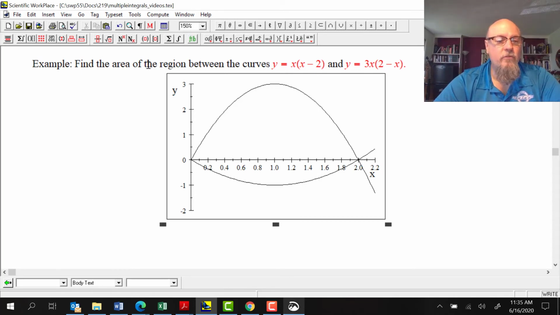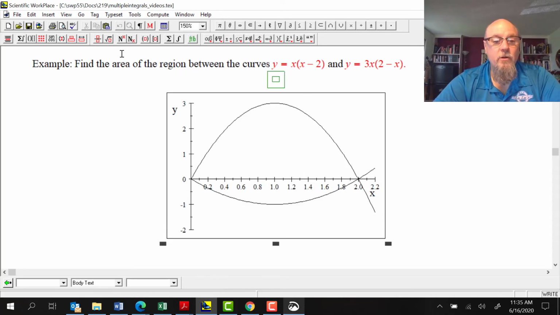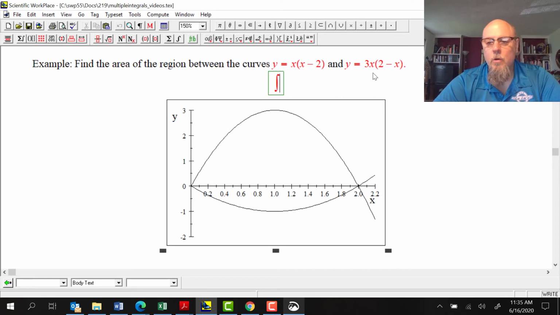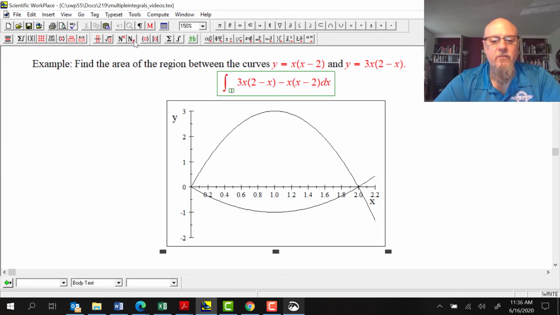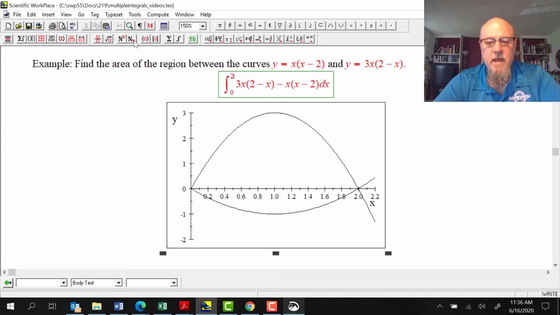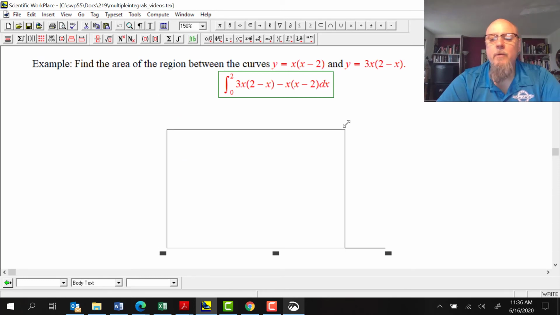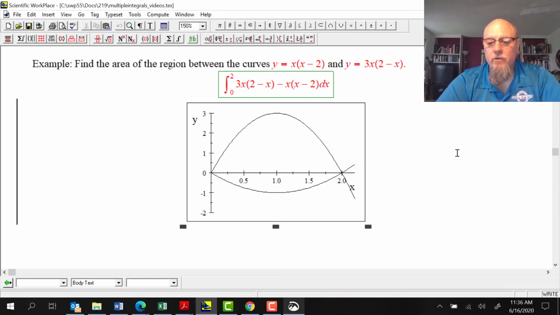So if this was a single variable calculus class, you'd go top curve minus the bottom curve dx, and you'd start at 0 and you'd end at 2, and you'd get an answer, right? And the integration is going to be pretty straightforward. So this is an already solved problem. How do we relate this to double integrals?